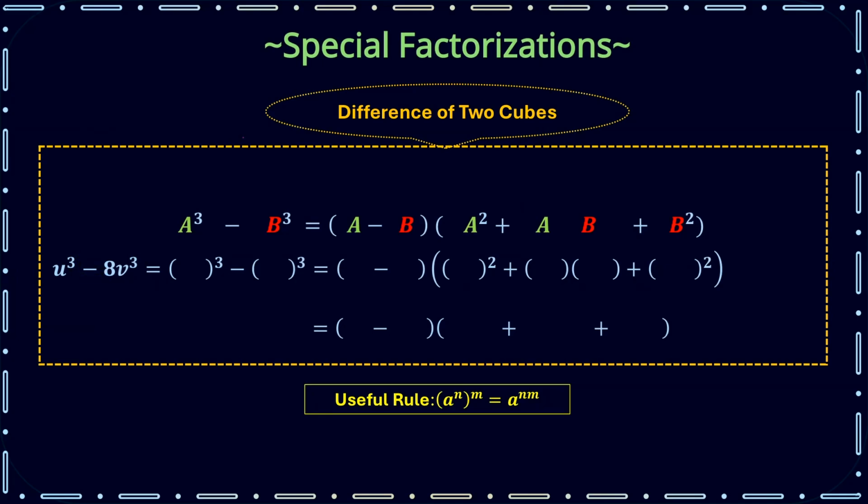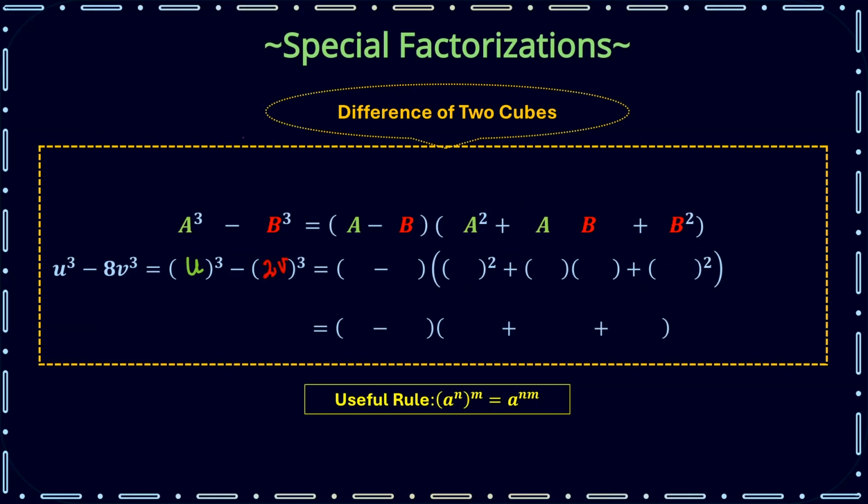So if u cubed is a cubed, then you can just think of a as u. And 8v cubed, we want to write that as the cube of something. 8 is the cube of 2. And v cubed is the cube of v.